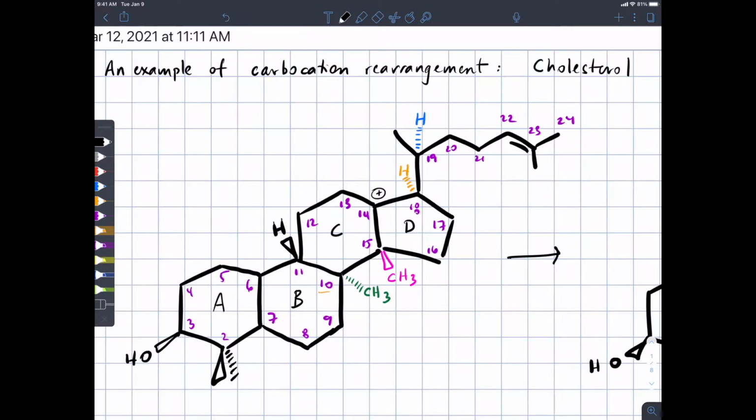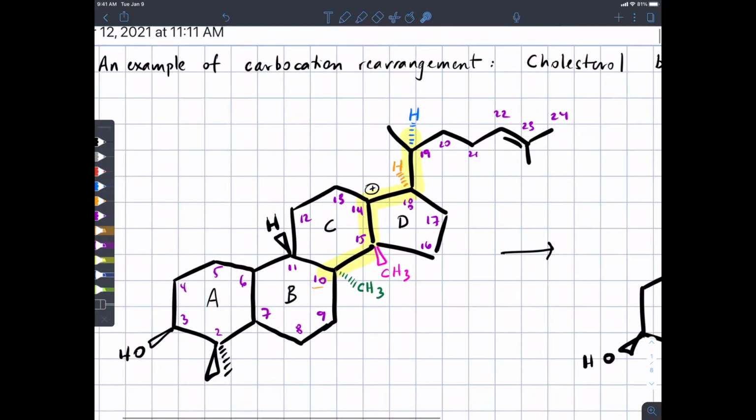Got a positive charge there. Then we have a methyl group that's now adjacent to the positive charge. And again, we're not going to do a shift of a hydrogen from carbon-13, because that would take a more stable tertiary carbocation and exchange it with a less stable secondary one.